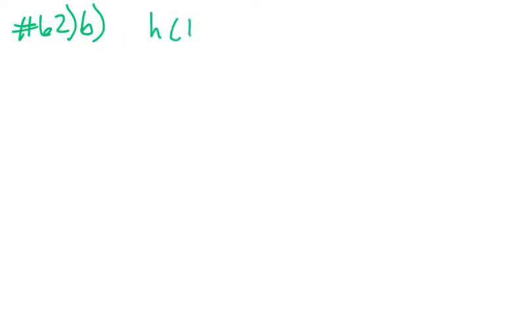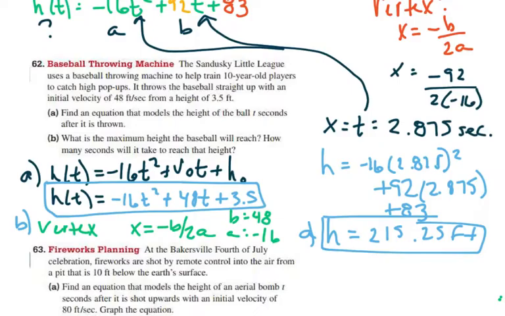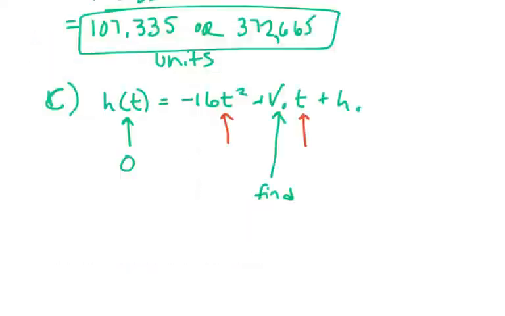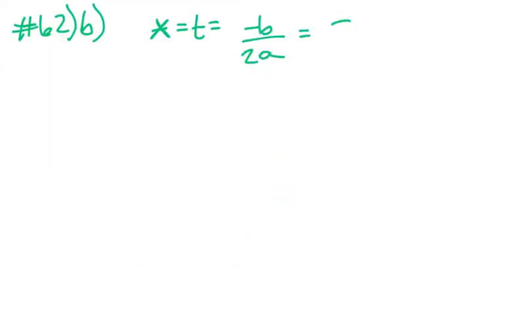The equation we're plugging in is for the x value, or in this case the time, and it's negative b over 2a, or negative 48 over 2 times negative 16.